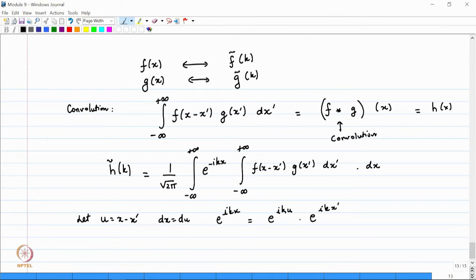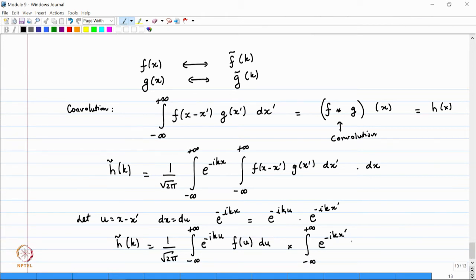And what I can do is I can write h tilde of k as 1 over square root of 2 pi, and I can write this as two integrals: minus infinity to plus infinity e to the minus i k u f of u du, multiplied by integral minus infinity to plus infinity e to the minus i k x prime g of x prime dx prime.